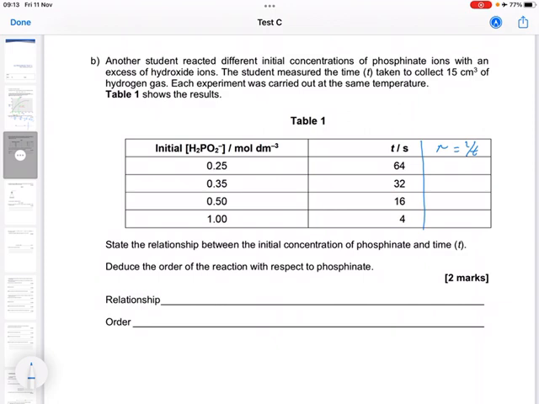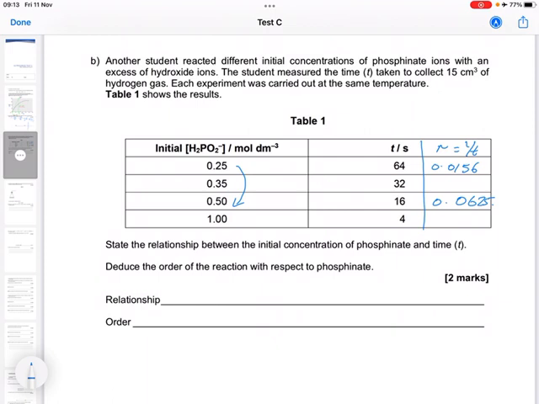So 1 divided by 64 is 0.0156. And I'm only going to use these two here because the concentration doubles from 0.25 to 0.5. So I'll do 1 divided by 16, which is 0.0625.